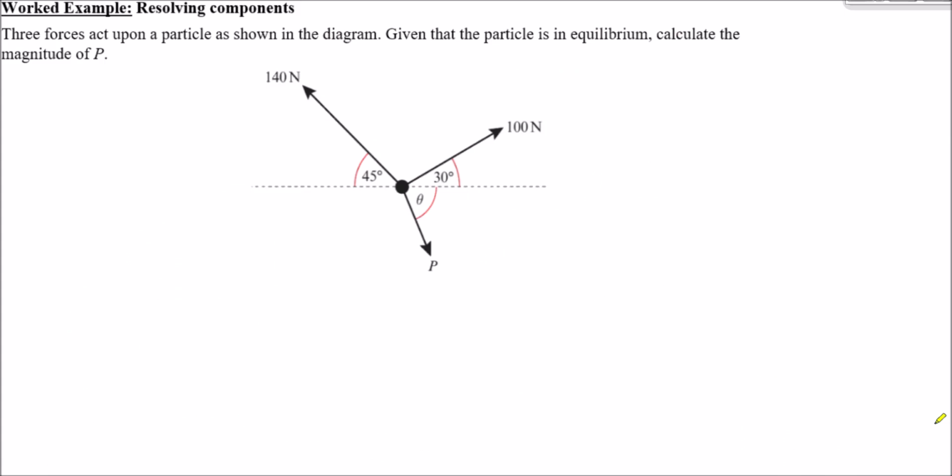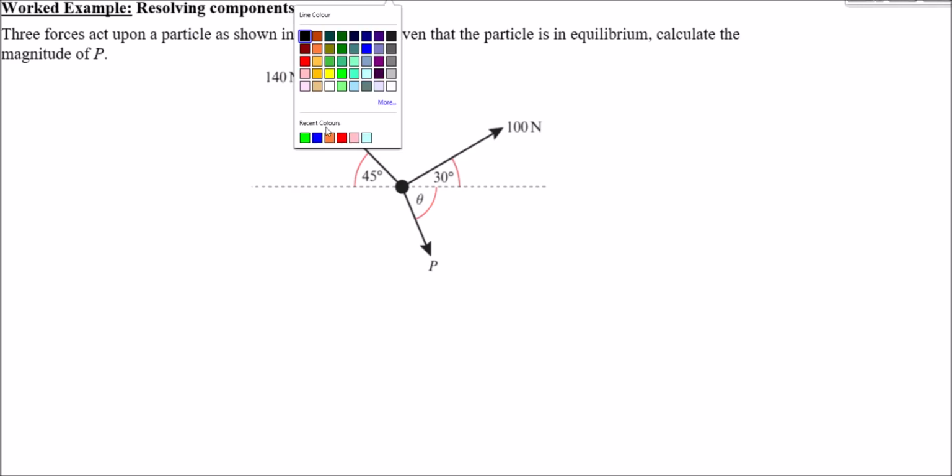I'm going to give one final worked example now before you get set off trying these on your own. So this time just resolving components, this time with 3 different forces to consider. So 3 forces act upon a particle as shown here. Given that the particle is in equilibrium, so it's not accelerating in any direction, calculate the magnitude of P. So my suggestion here is, as ever, just to resolve these forces.